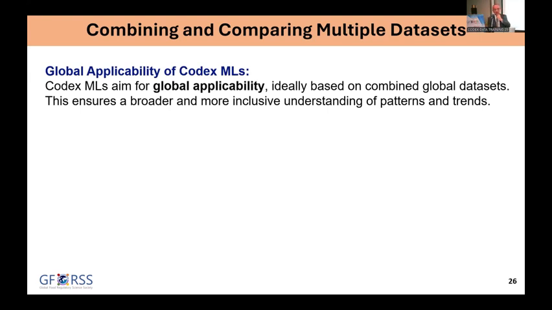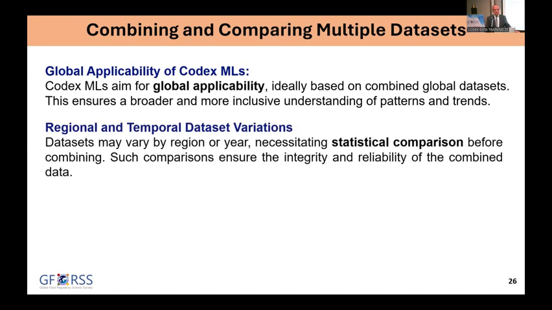This global applicability needs to have data from regions and areas where we can have a certain variation. And those data sets may vary by region or years, where we need to compare the data sets.